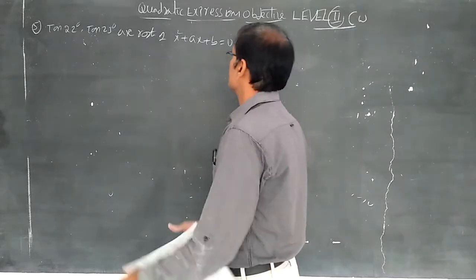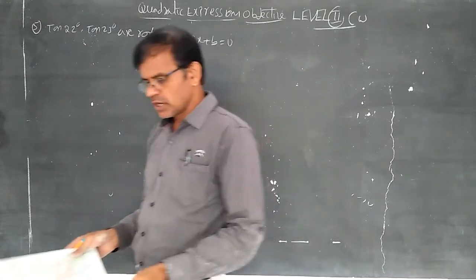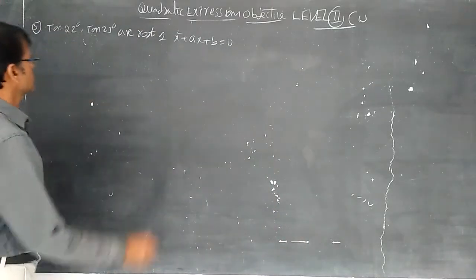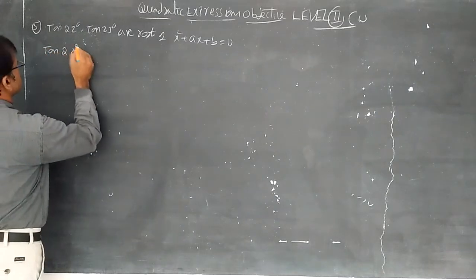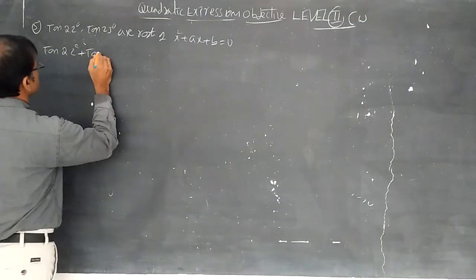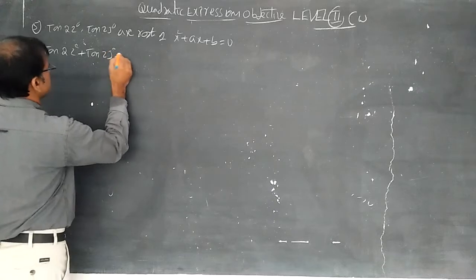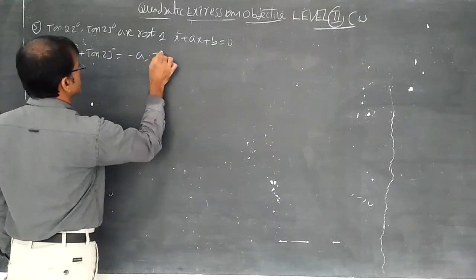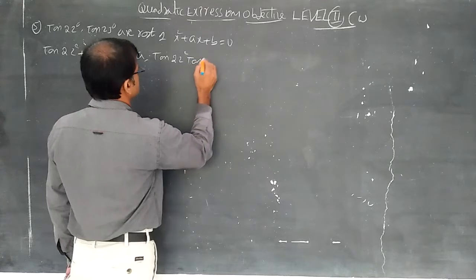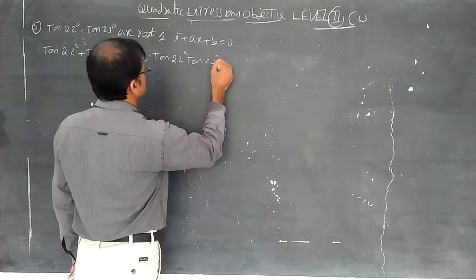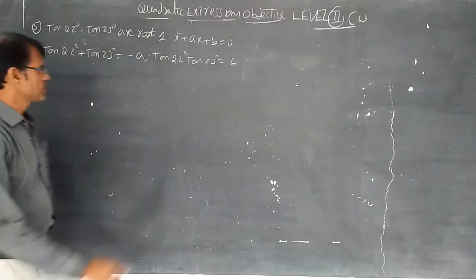Then let us consider the sum of roots: tan 22 degrees plus tan 23 degrees is equal to minus a. Let us consider the product of roots: tan 22 into tan 23 is equal to b.